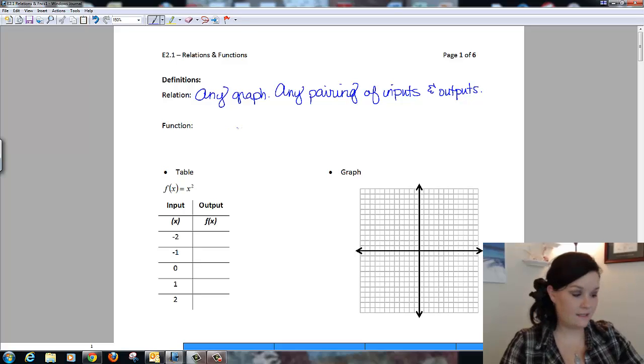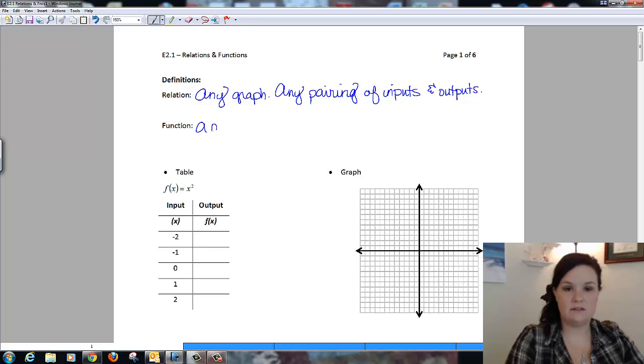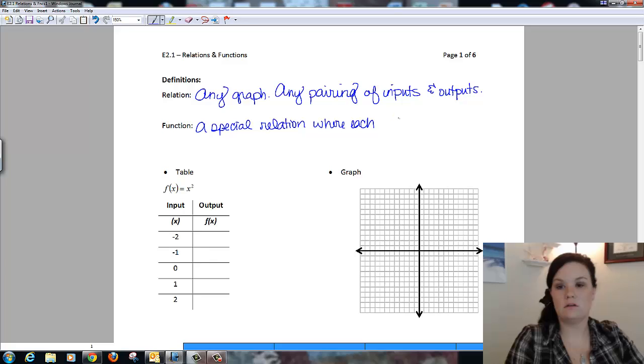A function specifically is a special relation where each input, and our inputs are our x values, so each x value or each input has only one output, and our output values are our y values.